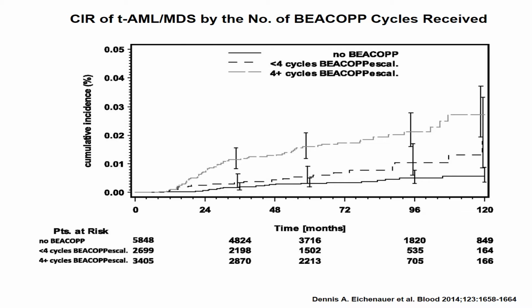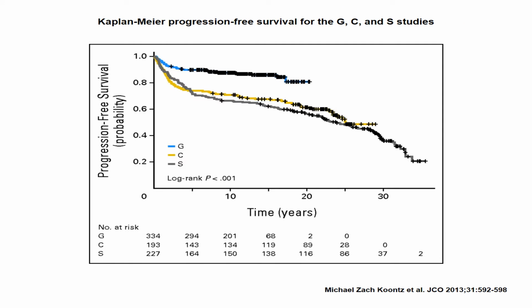This is a study from the German Hodgkin's lymphoma group, and you can see here they looked at the incidence of therapy-related myeloid neoplasms after receiving intensive therapy with their BEACOPP regimen. And you can see even by the number of cycles of BEACOPP, there's a significant difference in the incidence. The more intensive chemotherapy regimens, obviously the regimens particularly that include alkylating agents, the higher likelihood of your patients developing this.